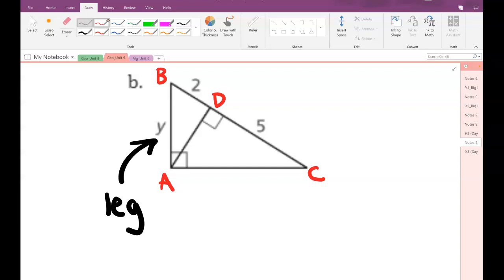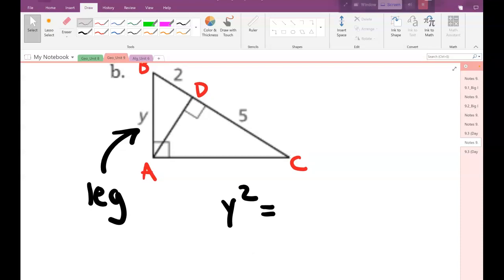This is the geometric mean theorem for the leg, the second one on the first page.